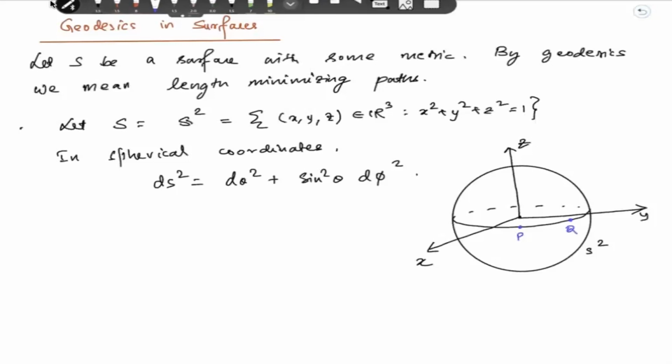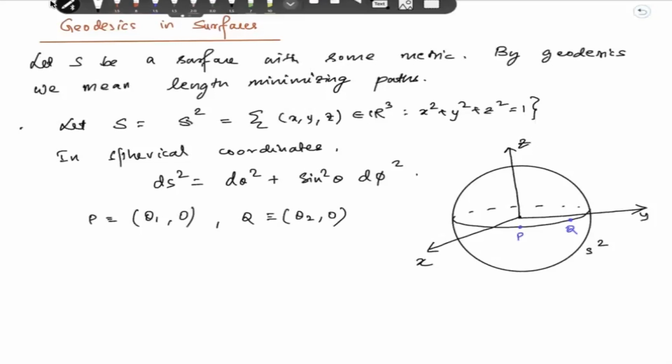In terms of spherical coordinates, you can write P as (theta 1, 0) and Q as (theta 2, 0). Where do theta 1 and theta 2 lie?